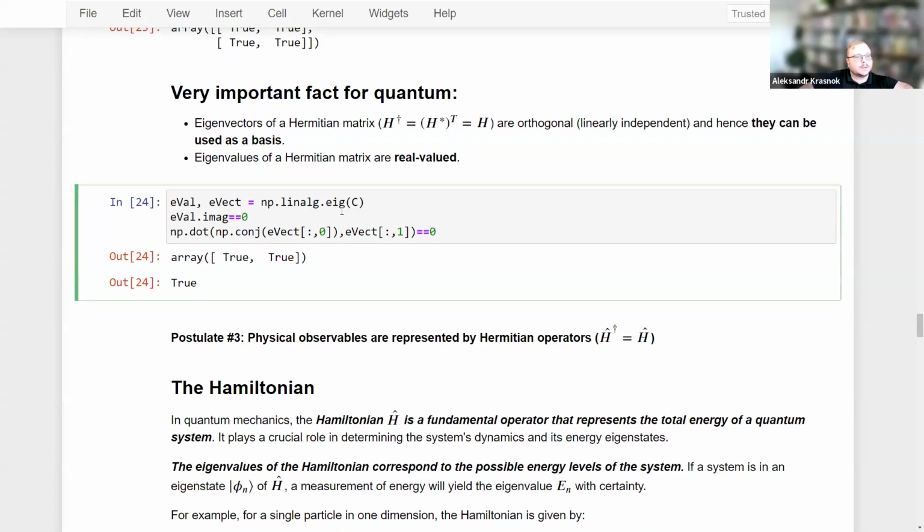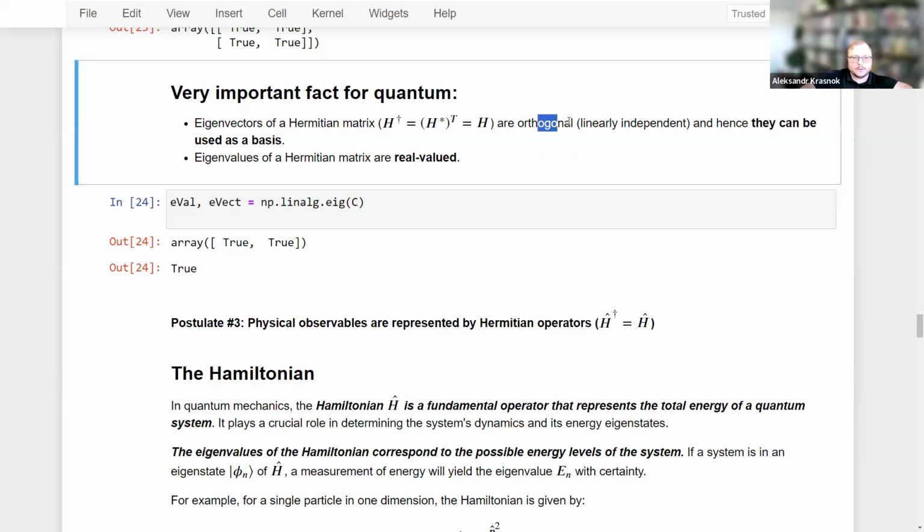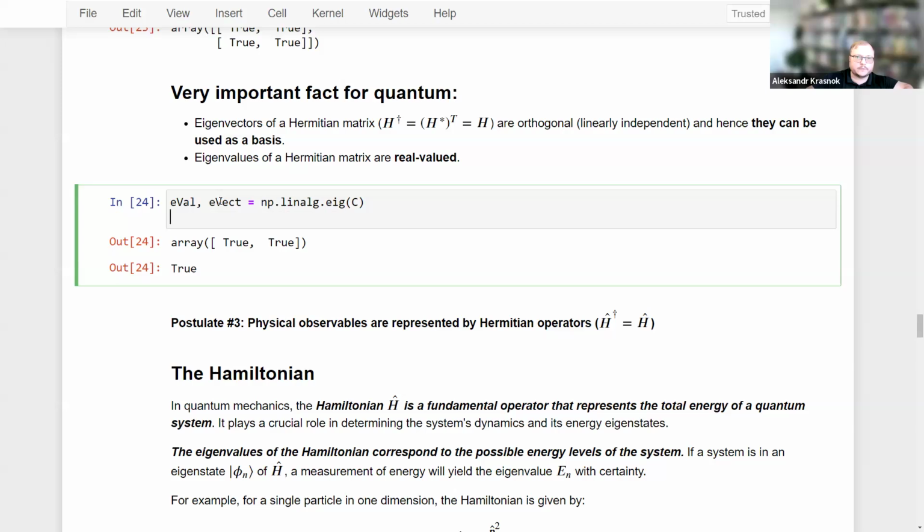And then, in order to check that the eigenvectors are orthogonal, I need to take the dot product of the two vectors to check that they are indeed orthogonal.